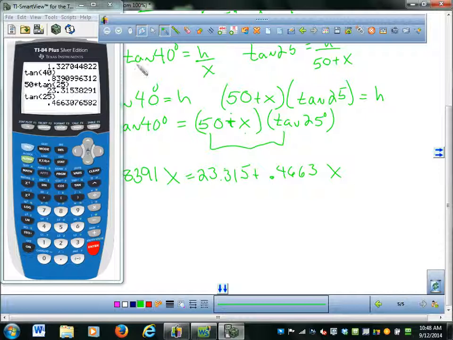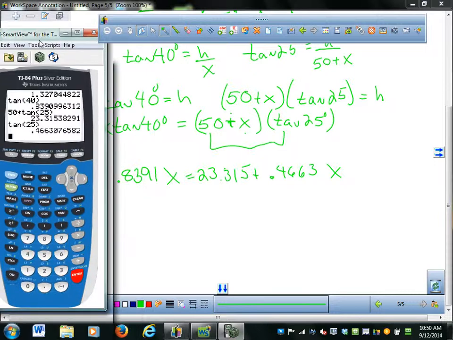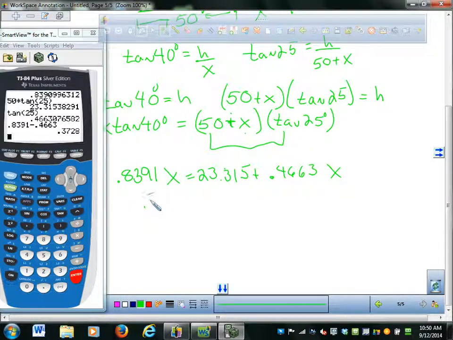Okay? Then I can bring this x onto that side. So I have 0.8391 minus 0.4663 equals 0.3728x equals 23.315, and then I'm going to divide, right?